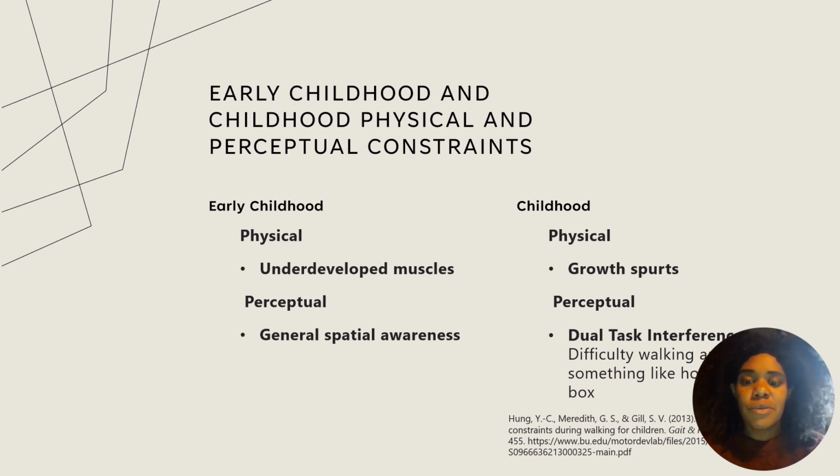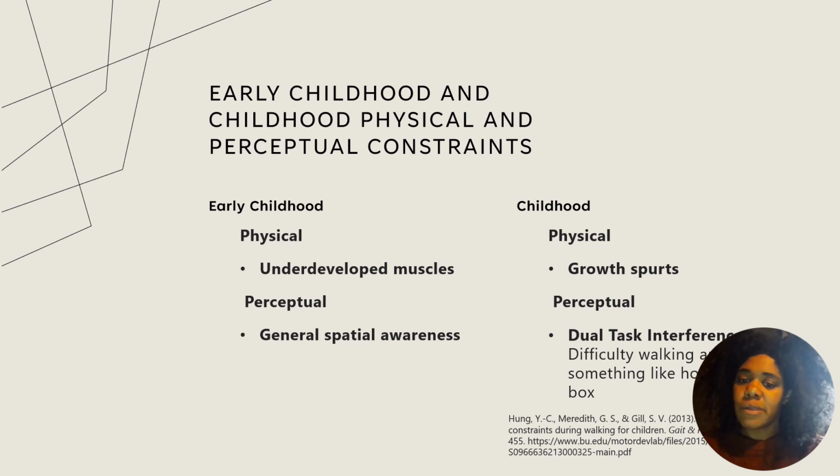So in childhood, so we're talking about, again, that 30-month plus range, growth spurts are certainly a physical constraint. So if you start to rapidly develop, then you have to get used to what it means to move or run with longer legs or a longer limb movement. And then from a perceptual standpoint, perceptual constraint includes something called dual task interference.